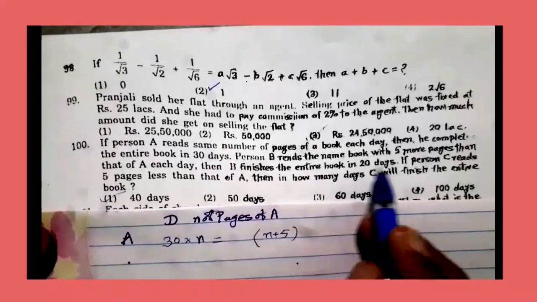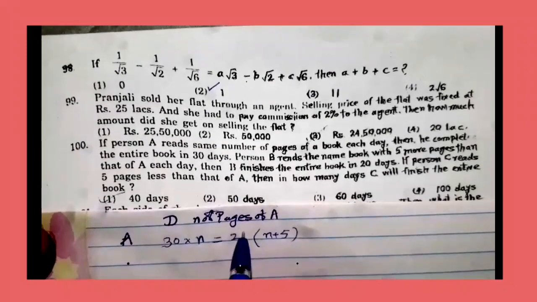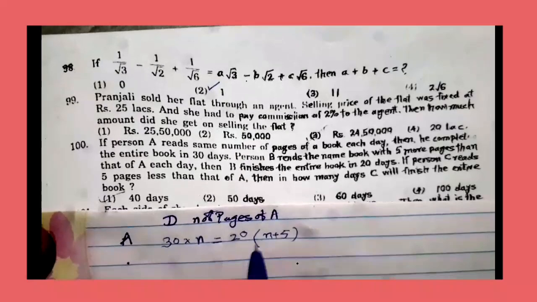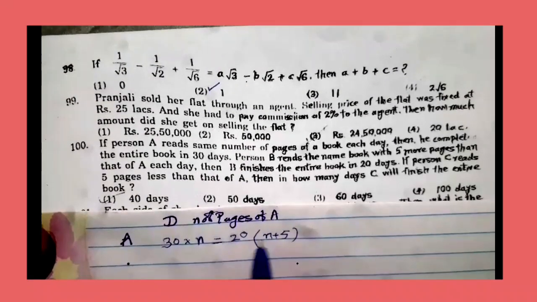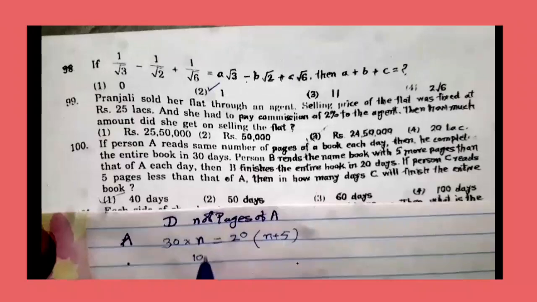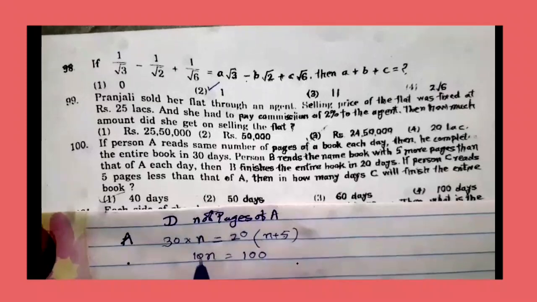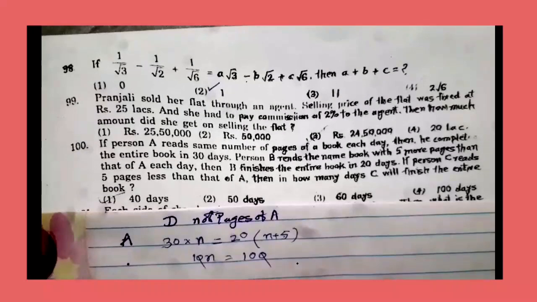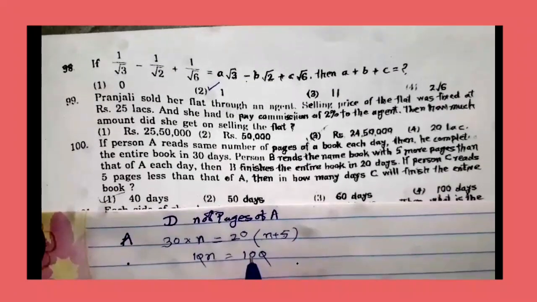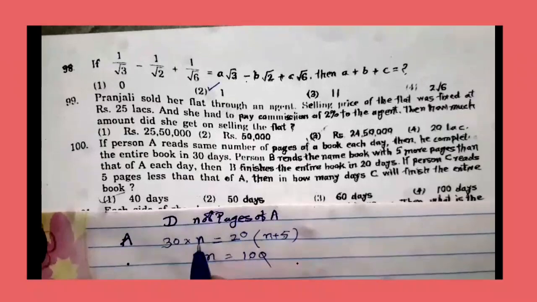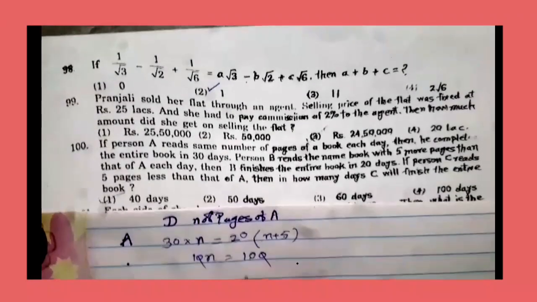Then in 20 days, 13N minus 2N, 20N is equal to 10N. 20 times 5 is 100. Cancel. N is 10, the number of pages. That is, the book is 30 into 10, which is 300.